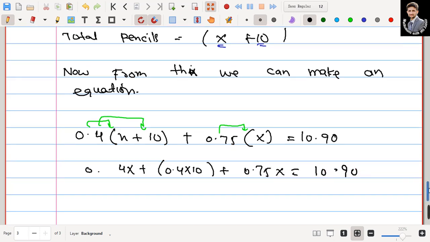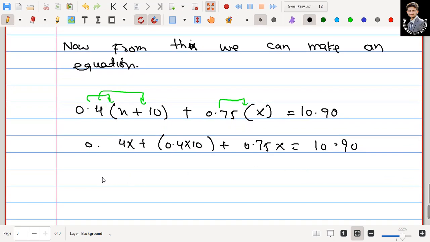Adding this will give me 1.15x is equal to 10.90 minus 4. Multiplying 0.4 with 10 will give me 4, so I have to subtract 4 from both sides.